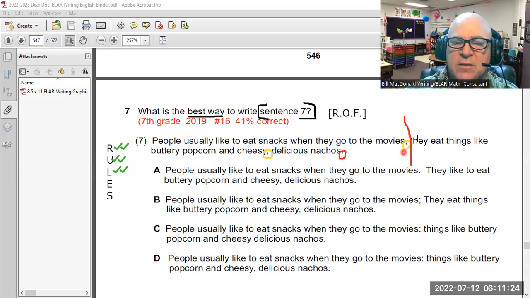Right here, we have to fix this somehow. And sometimes they'll fix it here, and I've noticed sometimes they'll ask you to fix it in other places. So your next job is to say, I've got to be able to eliminate three answers, select one, and then make sure that I submit it in the correct place, in the correct spot. All right. So what we can do for all four, we can go ahead and get our yellow ball.